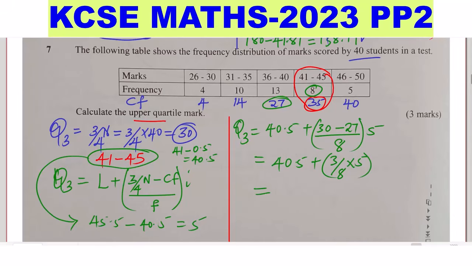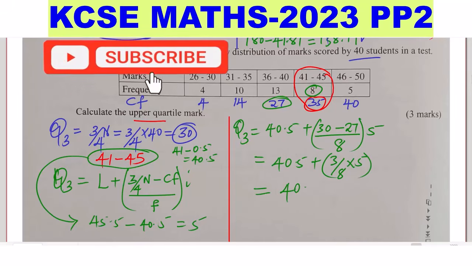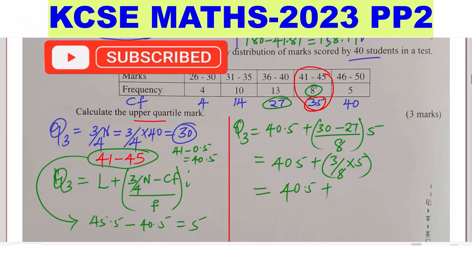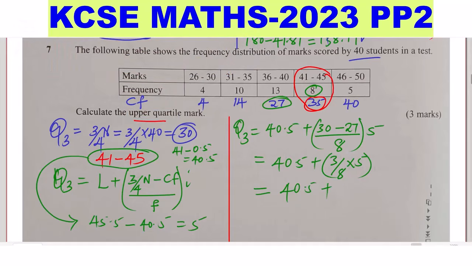When you work this out, 3/8 times 5 gives 1.875. And when you add these, you get 42.38 as the solution.